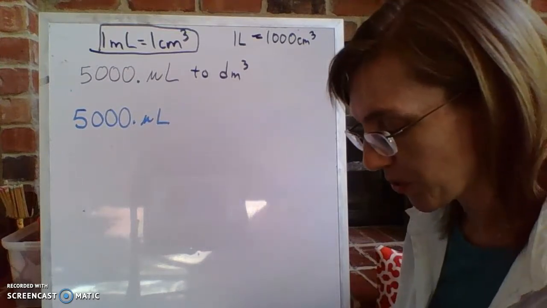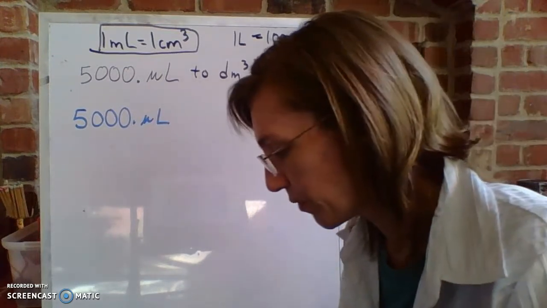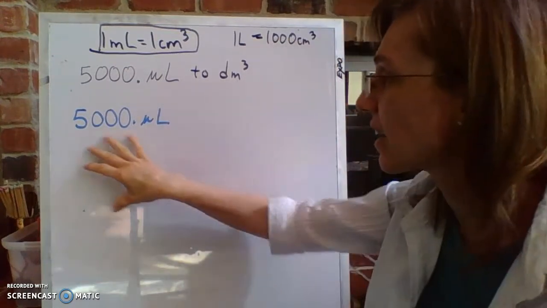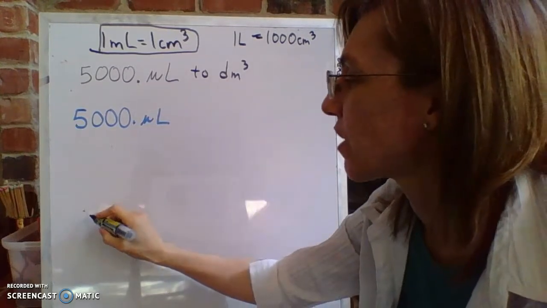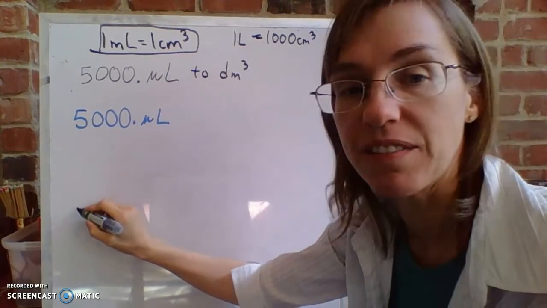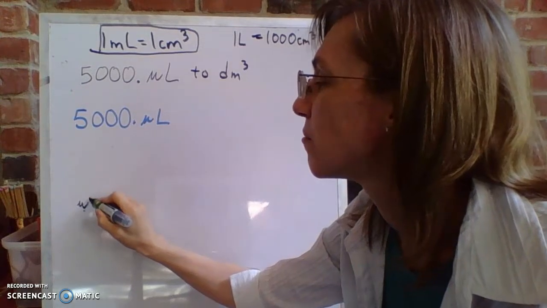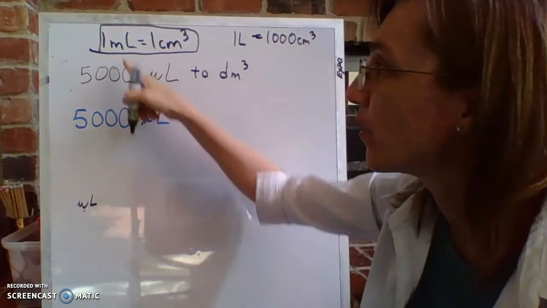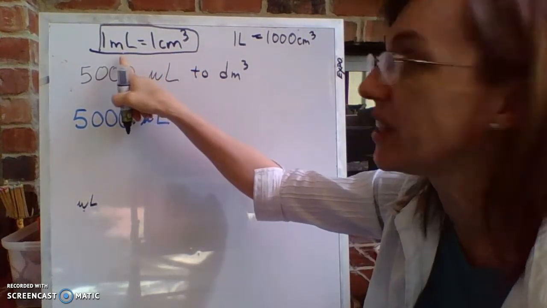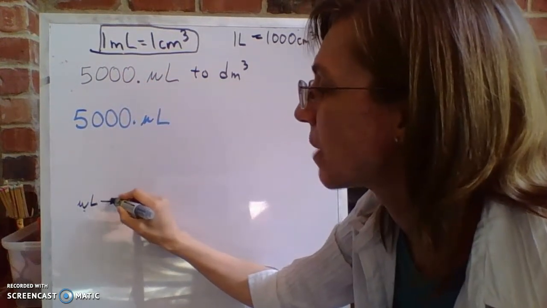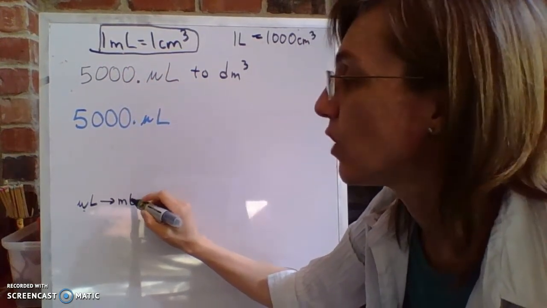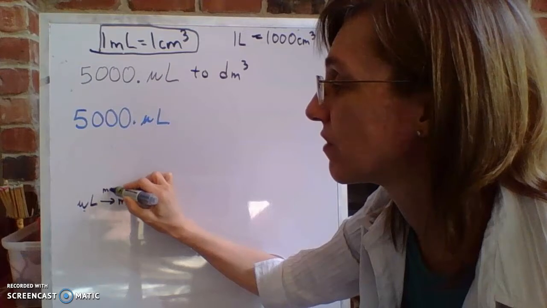I'm going to go through the thought process with you before starting the actual math, and I'm going to write the thought process down here so that we can follow it. We have microliters. In order to use this conversion factor, we need milliliters. So we're going to first change the microliters to milliliters. We can do that because this is a metric conversion.